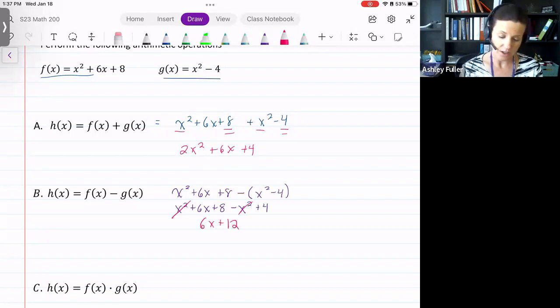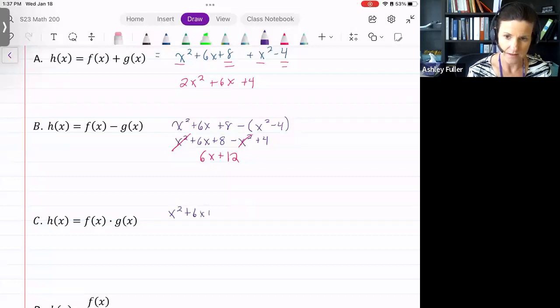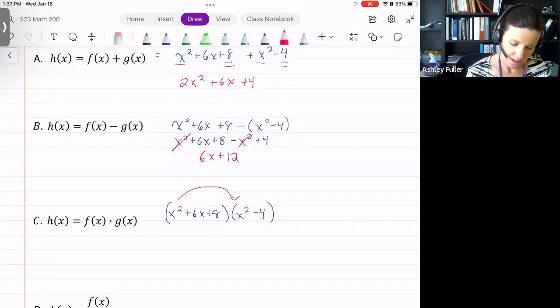With multiplication, you need to make sure that you know how to multiply polynomials. Here we're going to have x squared plus 6x plus 8 times x squared minus 4. We can multiply each term here, resulting in x to the 4th minus 4x squared. We do the same thing with the 6x, which leaves us with plus 6x cubed minus 24x.